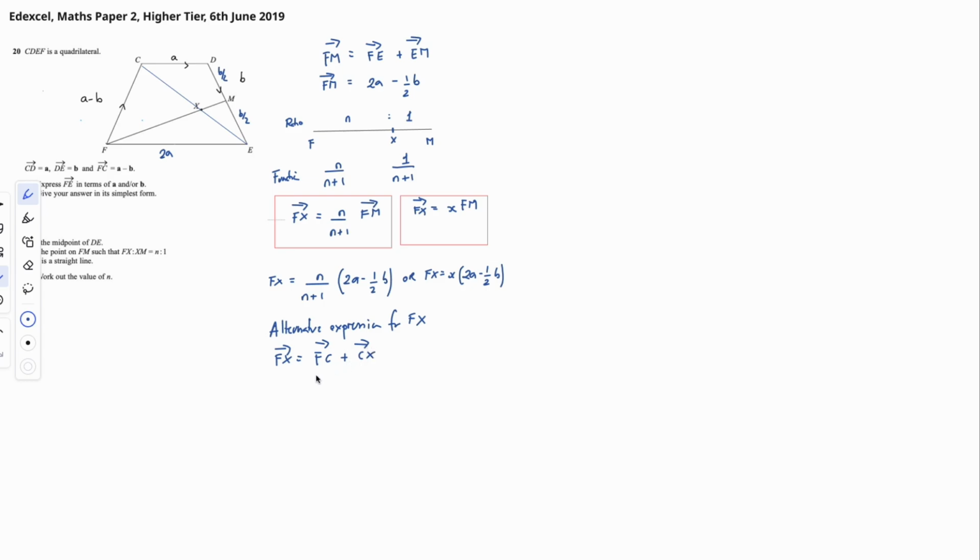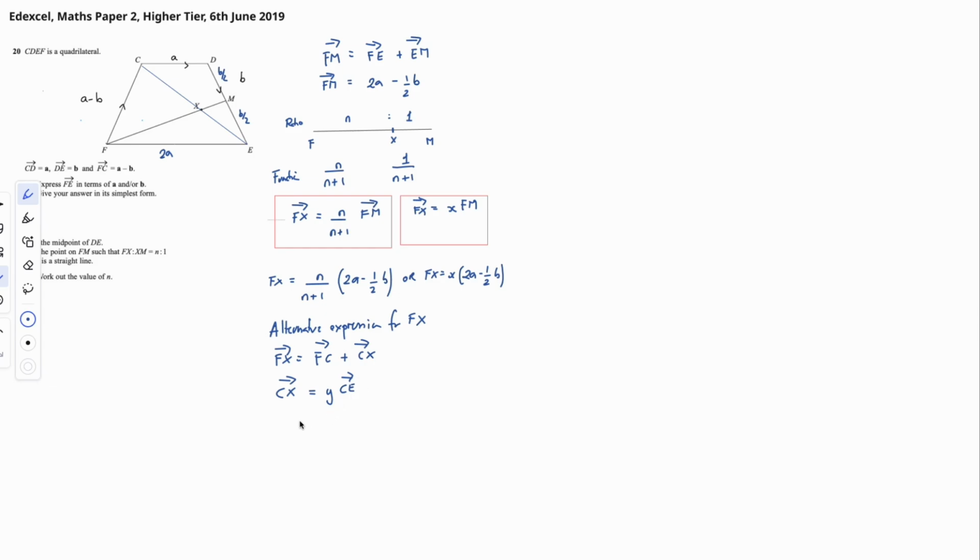Now, we don't have a value for C to X. We could use a similar approach as we did earlier on calculating an FX line. So we could say C to X is equal to some multiple, let's call it y, of the line CE.